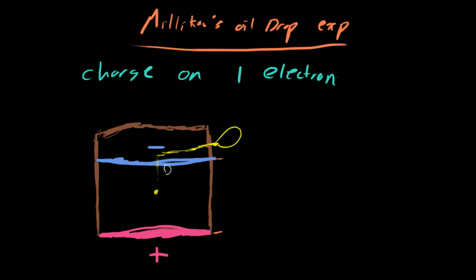And so, based on how much charge they had to apply, they were able to measure essentially the charge needed to keep this one little drop of oil suspended between the two plates.